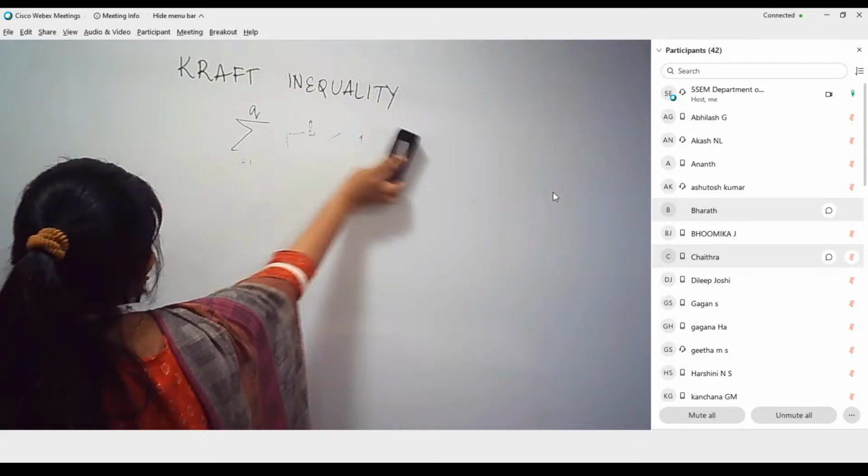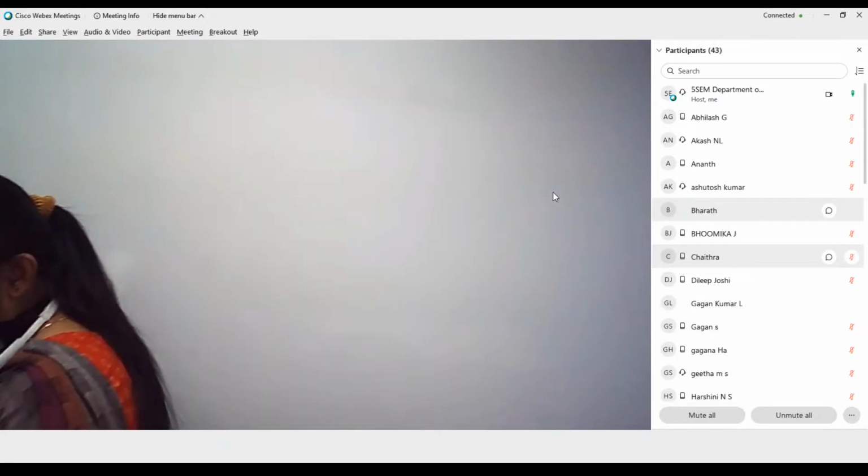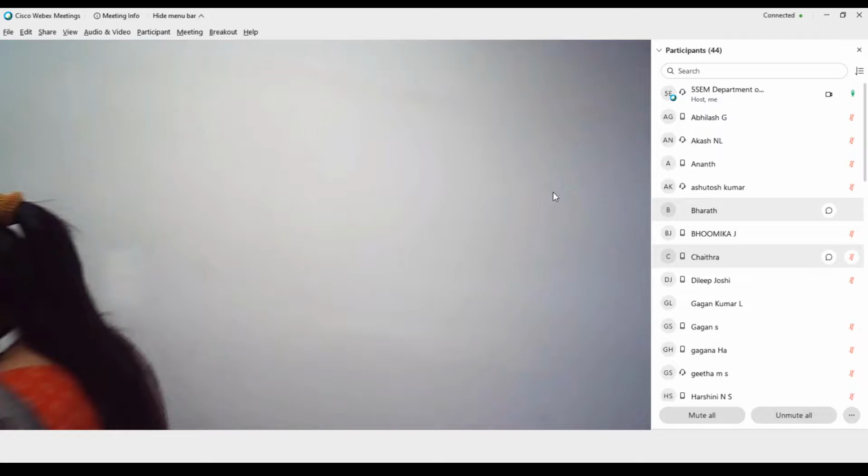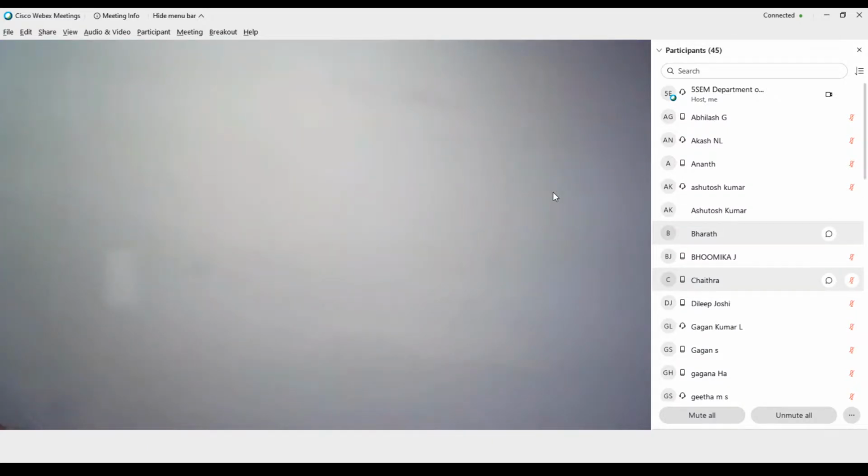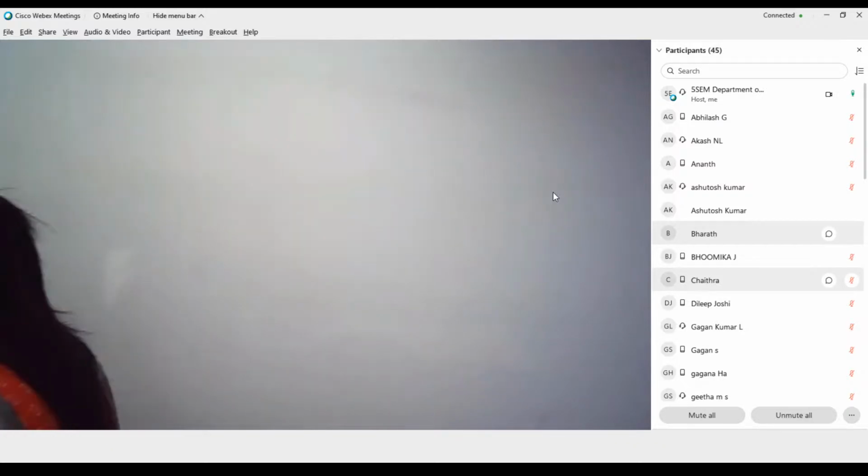Identify the instantaneous codes and construct their individual decision trees.